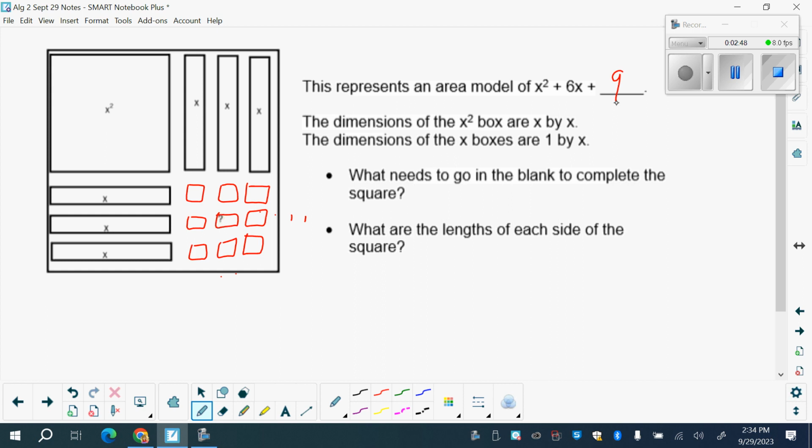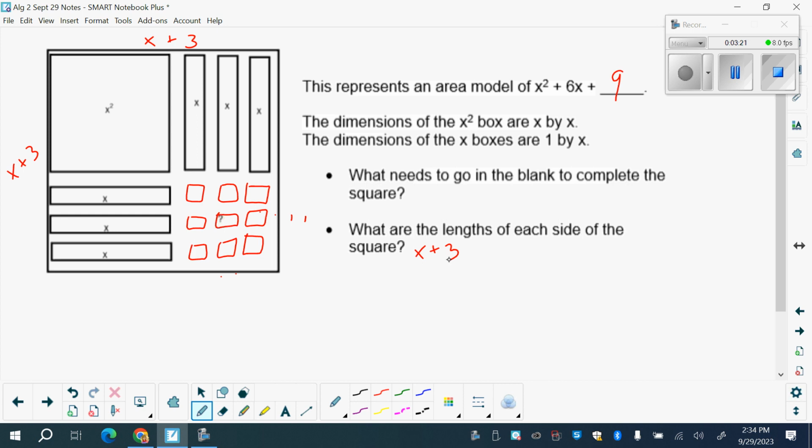So we want to look at what the dimensions of this square are. So this here is x, this distance, and this is a 1. So it would be x plus 1, 2, 3. So x plus 3 on this side. What about this side? x plus 3 again. So the side lengths of the square would be x plus 3 on each side of the square.